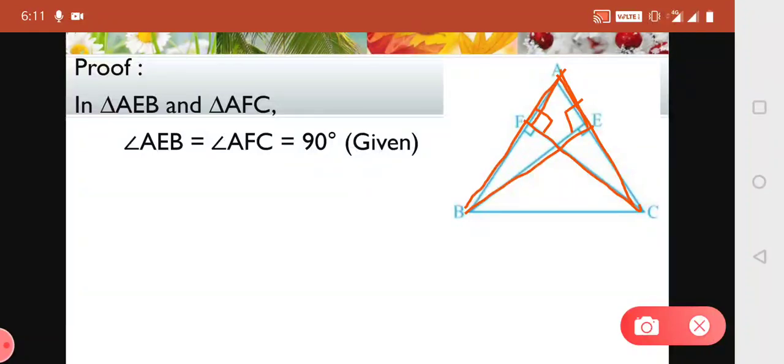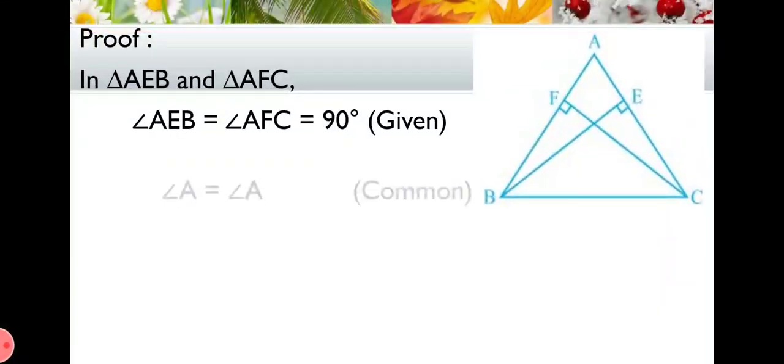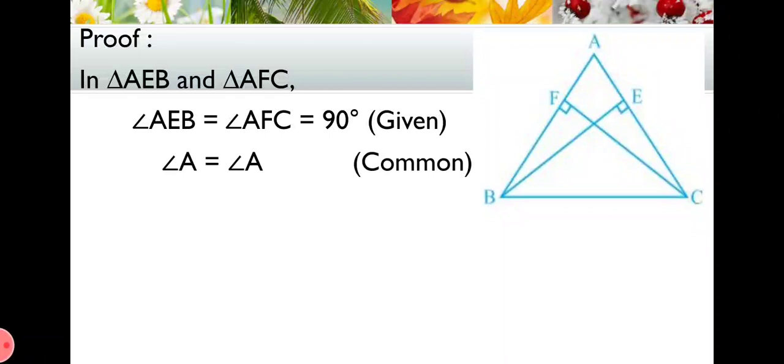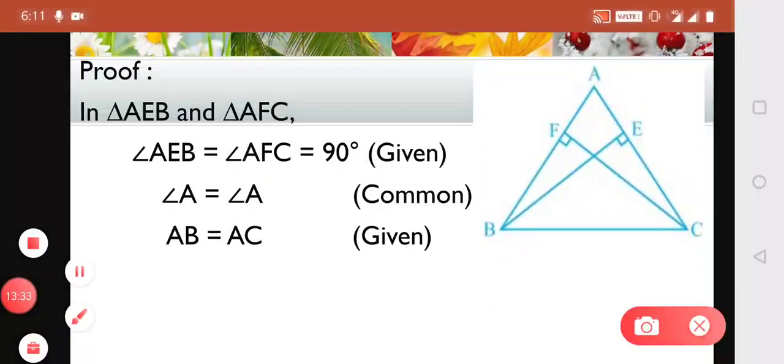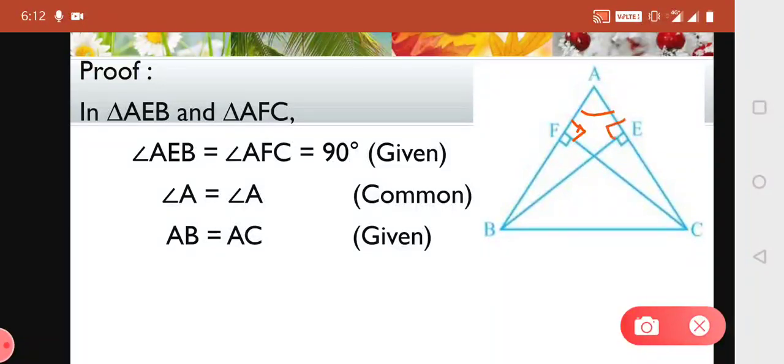Then we have angle A equal to angle A, which is common between both the triangles, and AB equal to AC, which is already given. We have proved that angle AFC and angle AEB, these two angles are 90 degree, and already it is given AB equal to AC.